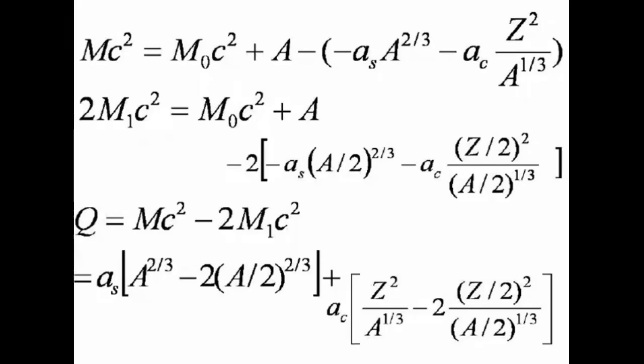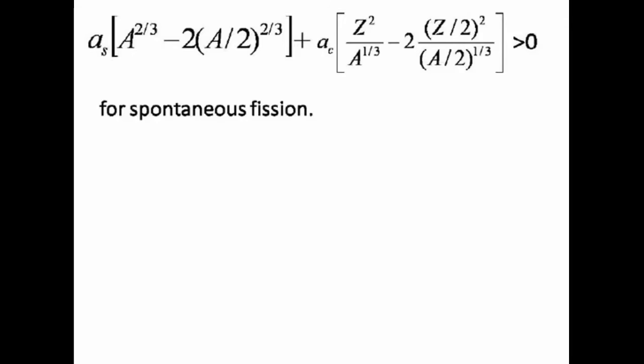So, this quantity should be positive for fission to be energetically favorable for this particular reaction. Now, you can put the values of A_s and A_c, and that gives a condition just on Z square by A. Then one can see, for any given nucleus, whether it should fission or not energetically.